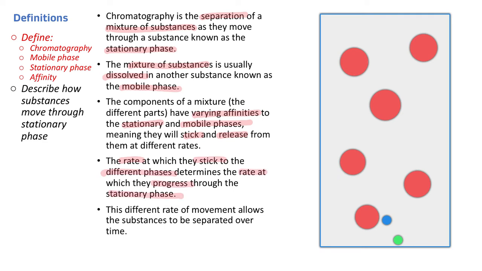The stationary phase is the entirety of all these little red dots, and how fast they move through depends on how much they stick to those red dots. This different rate of movement allows the substances to be separated over time. We're going to go through that idea in a bit.